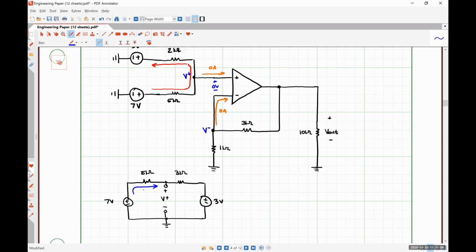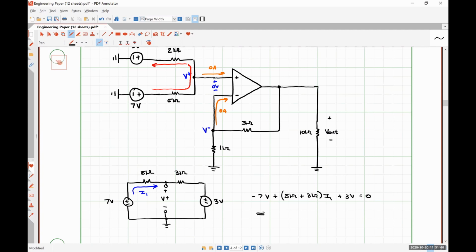So we know that there's going to be some current, let's call it I1, that's flowing around this network in a clockwise fashion. And so we would have -7 volts plus 5 kiloohms plus 3 kiloohms times our current I1 plus 3 volts is equal to 0.